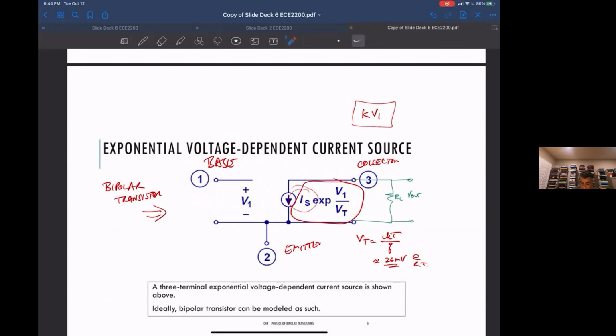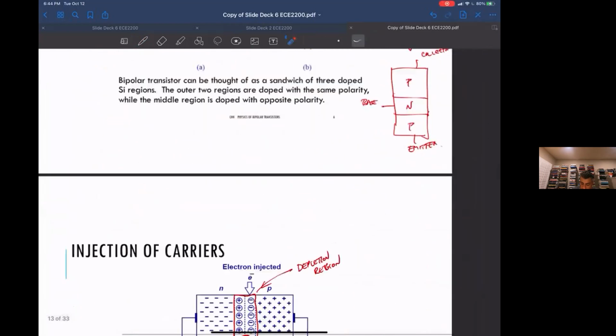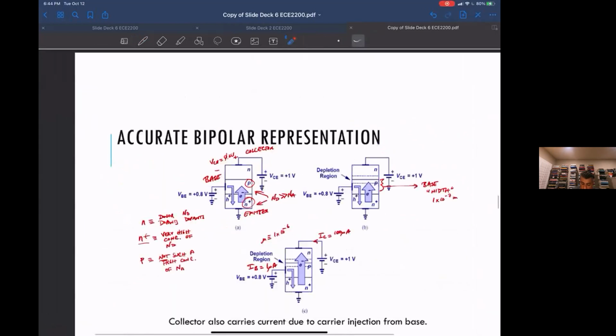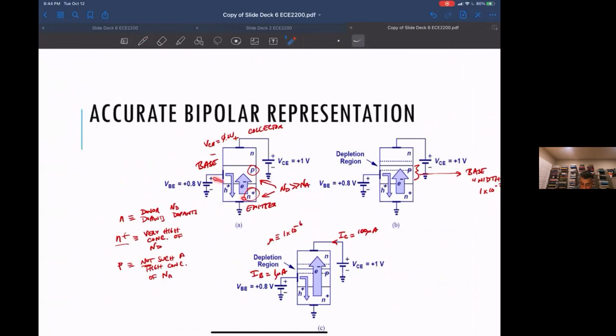Okay, so this is how it works. Basically, once you forward bias the base emitter voltage, you get a bunch of current going in here from the emitter to the base. One important thing about a bipolar transistor is the emitter is doped a lot higher than the base to get this asymmetry in the currents.